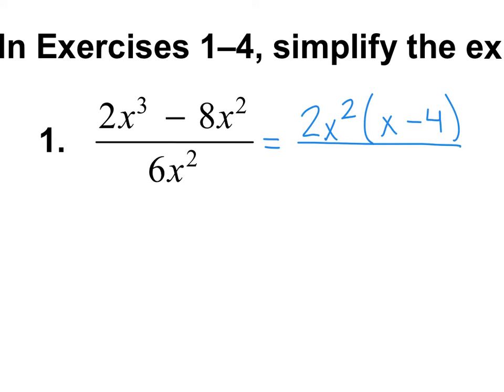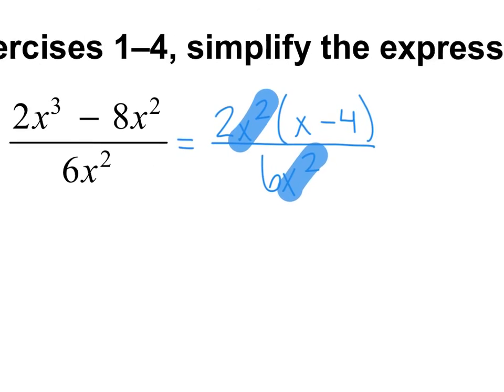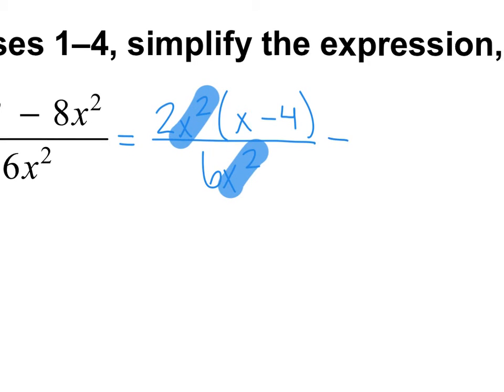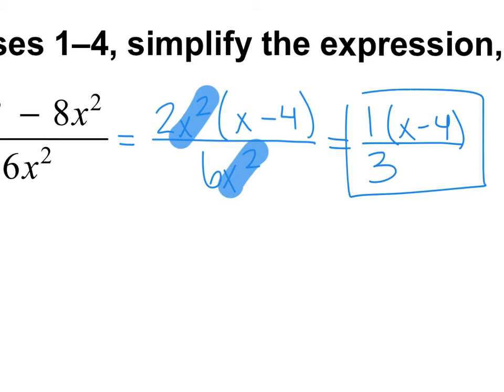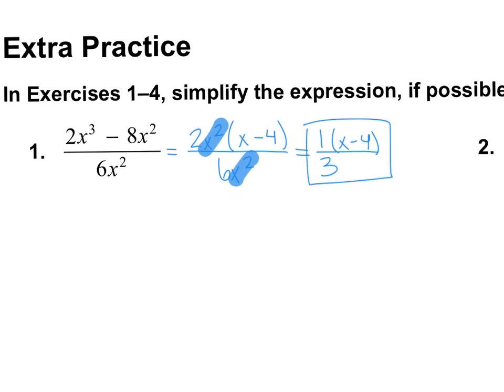So I factored out a GCF, and now I have some things that I can cancel. I have an x squared that I can cancel with an x squared on the bottom, and the 2 over 6 reduces to 1/3. So 1 over 3 and x minus 4. And that's it. So sometimes they're that easy.